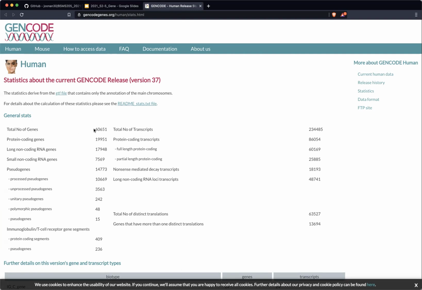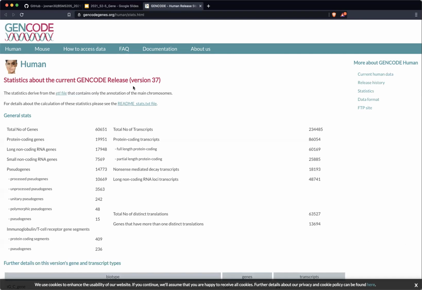Out of these 60,000, the number of genes that can actually produce proteins is around 19,000. The rest, about 40,000 genes, are non-coding RNA genes, pseudogenes, or genes related to the immune and defense system, which work against COVID-19 or influenza.